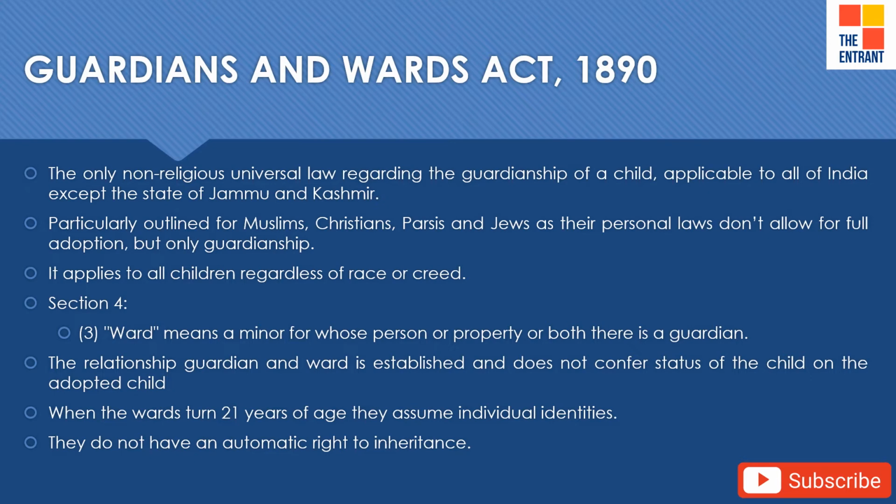It establishes a relationship of a guardian and a ward but does not confer the status of a natural child. And when the ward turns 21 years of age, they assume individual identities. They also do not have an automatic right to inheritance.